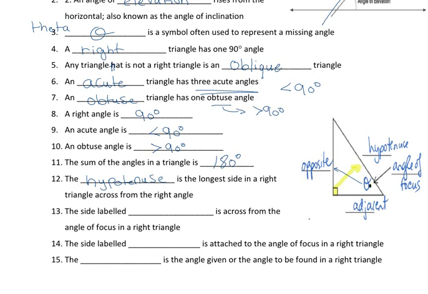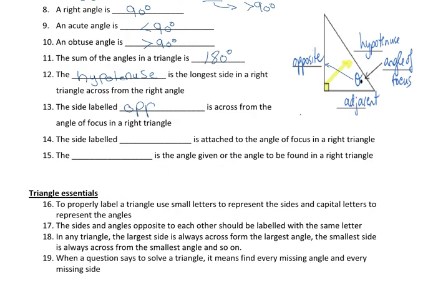So the side labeled opposite is across from the angle of focus in the right angle triangle, and the side labeled adjacent is attached to the angle of focus in the right angle triangle.